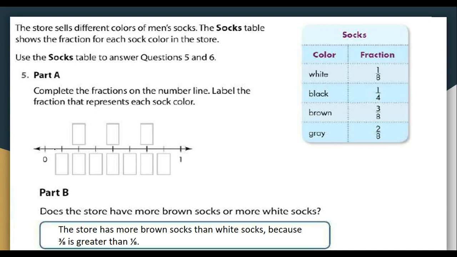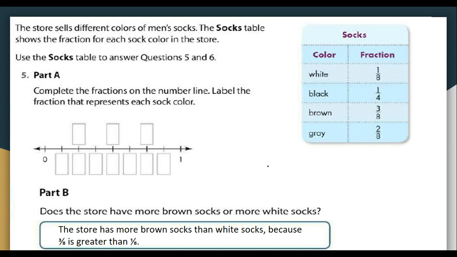Okay, so let's count them. We have 1, 2, 3, 4, 5, 6, 7, 8. So we have 8 equal parts. So we know that our fractions are going to be represented with eighths.